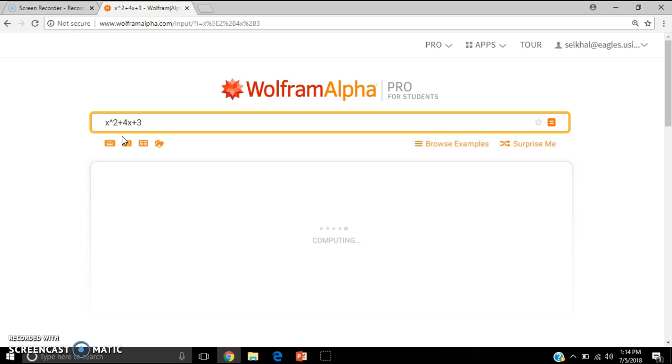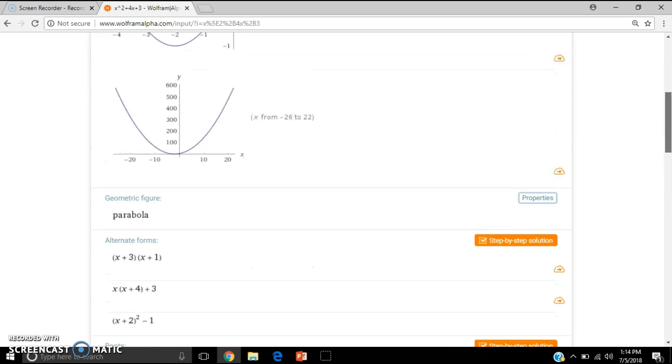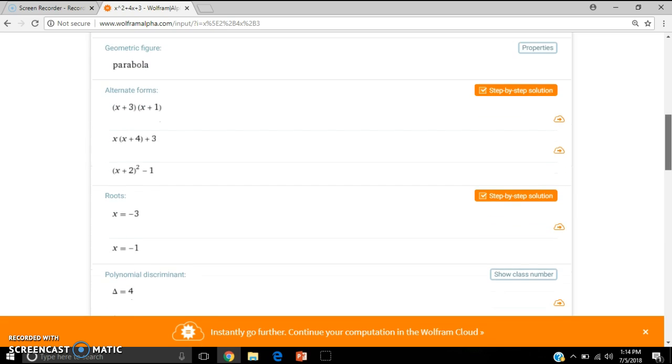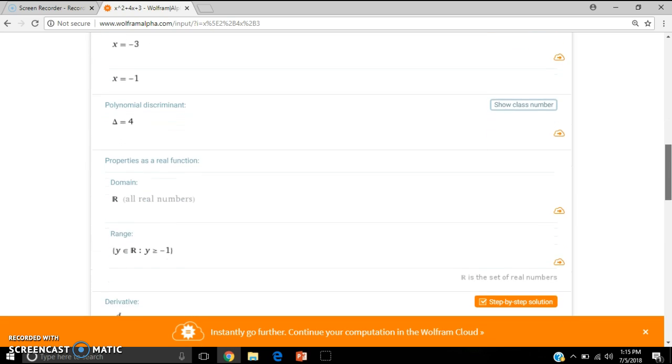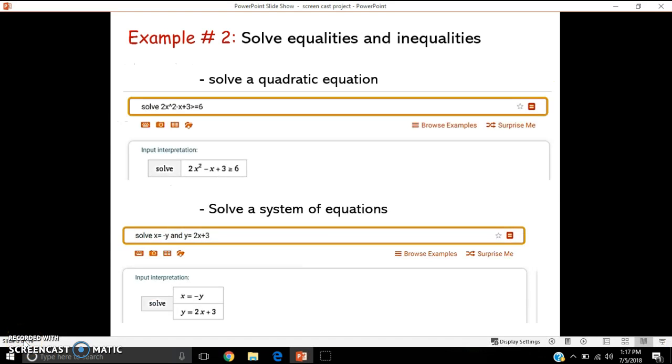I'm going to hit the enter button. And you can see that it gives me the graph, the alternate form, the roots, the discriminant, the domain, the range, and other stuff.